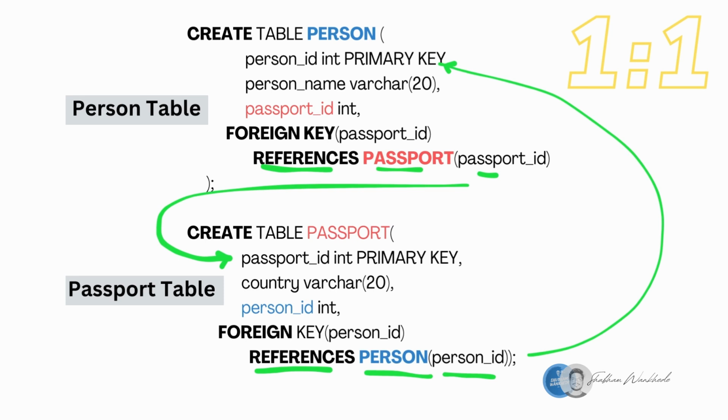In the person table, I am using a foreign key which references the passport ID column of the passport table. And in the passport create query, I am using one more foreign key, which references the person ID of the person table. Here is the simplest example of a one-to-one relationship.